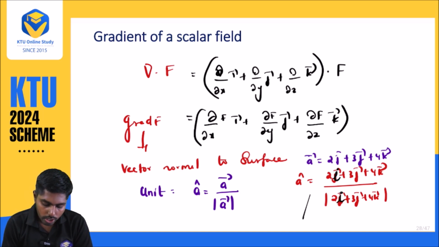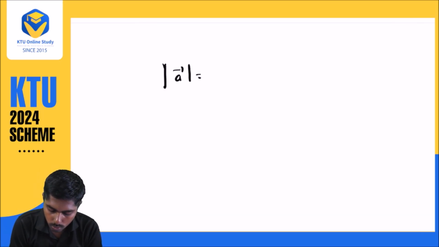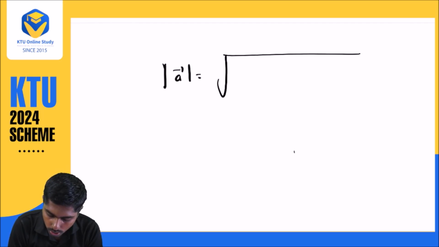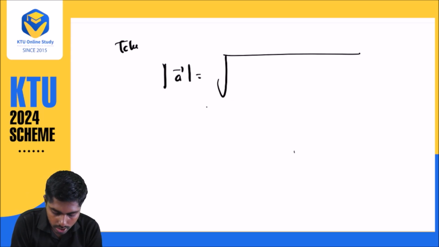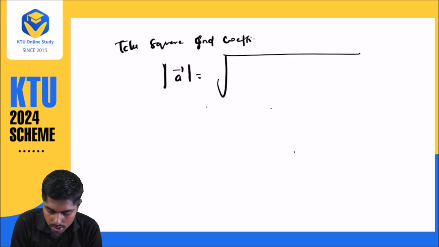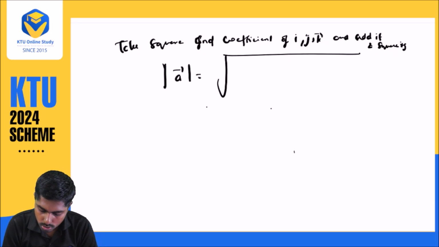So how to take the modulus? See, the modulus of a vector is nothing but taking the square root of the coefficients of the i vector, j vector, k vector, squaring them and adding.